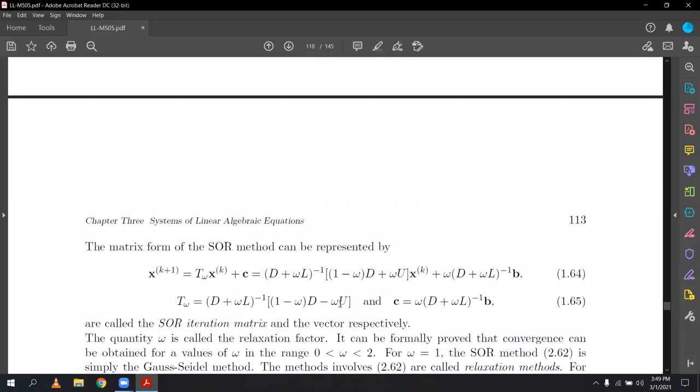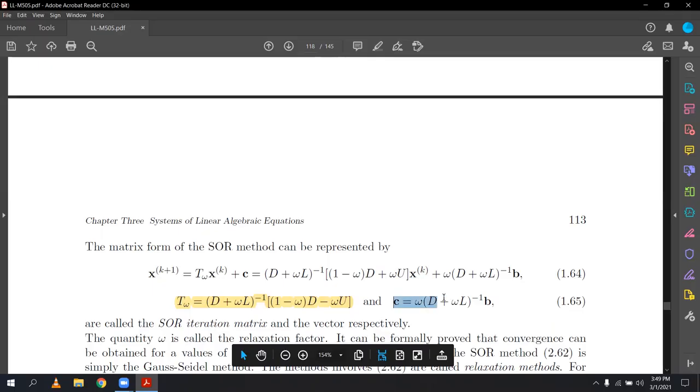And this is a formula you have to remember, because you already know the formula of T for the case of Jacobi and the formula of T for the case of Gauss-Seidel. Now here you have to remember the formula of T for omega for the SOR matrix and the C constant for the SOR matrix. It is a slightly lengthy formula, but you have no other choice. You have to memorize it here. And D, you know, is the diagonal part of the given system. L is the lower part of the system and U is the upper part of the system.